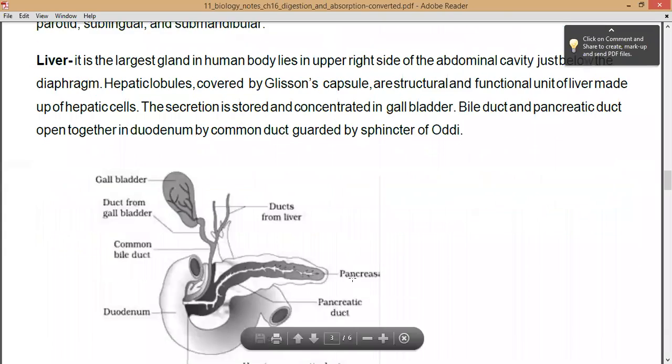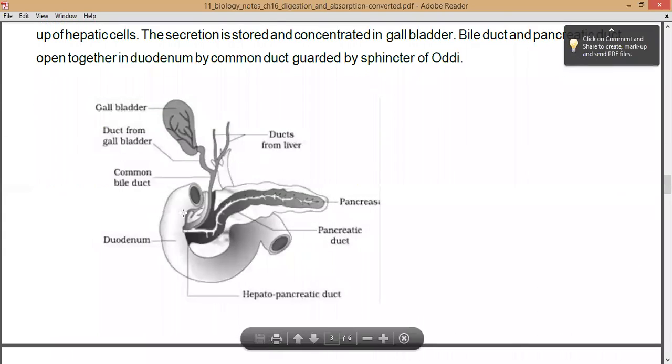So this is the figure of the pancreas as well as the gallbladder. This is the storage bag of the bile juice, that is the gallbladder. You can see over here that there is a duct arising from the gallbladder, and this is the pancreas, and this is the duct from the liver.